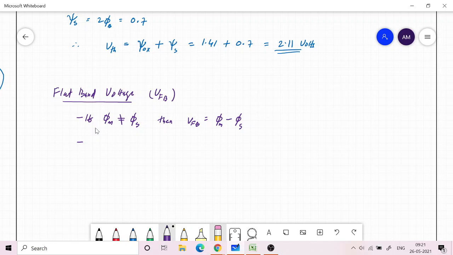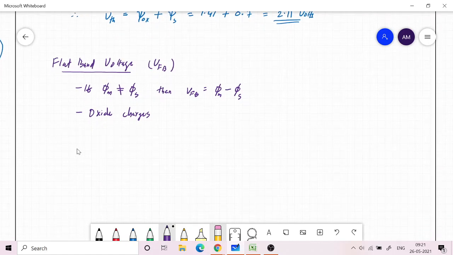The other way it can come is oxide charges. So far we have not considered this effect. Inside the oxide region, that is the insulator part, there could be charges, and there are various ways they can come about. I am not going into the details of it.